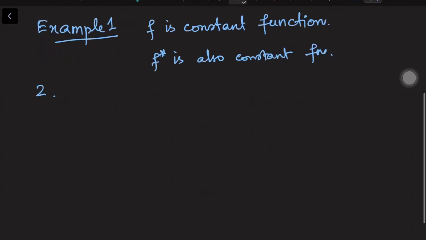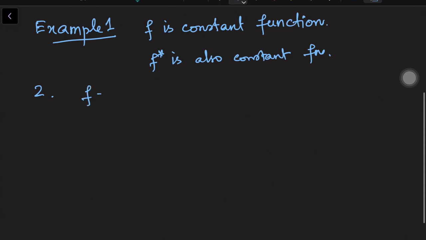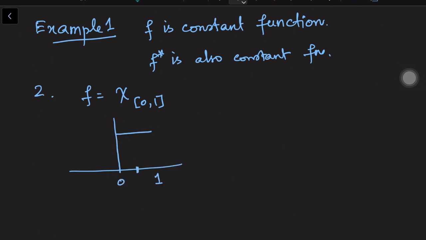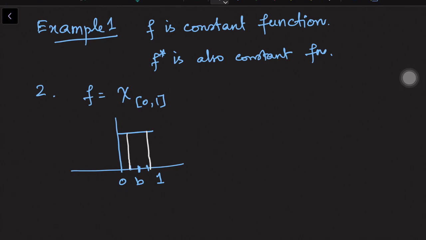Let's also look at the case where f is the characteristic function on 0 1, and let's look at it geometrically and try to understand this. So the function is given, take the point b, then look at b minus t and b plus t. Then the integral between b minus t and b plus t is just the length 2t times the height 1, and if I divide by 2t, you will get 1.